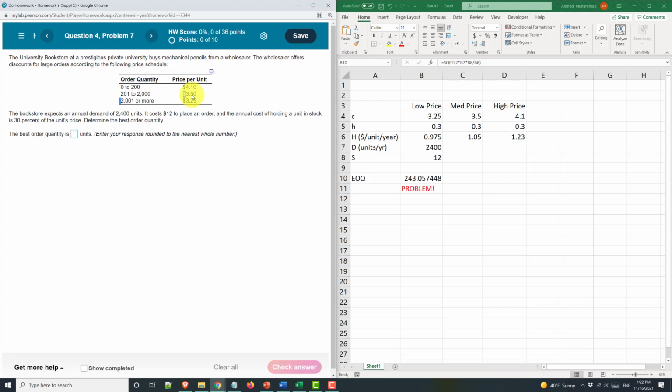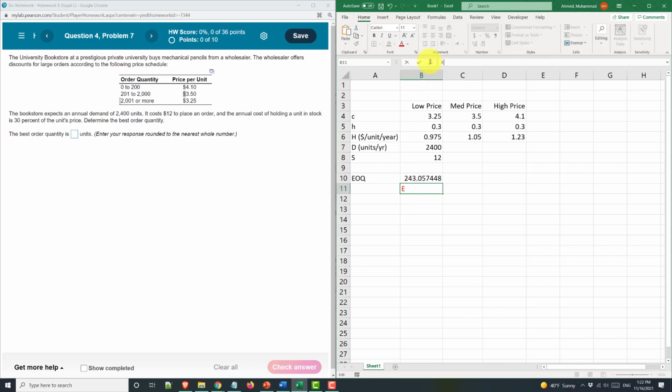The 3.5 contradicts with the 3.25 because we assumed the price was 3.25. But when we call up the wholesaler and say, I want to order 244 pencils or 243 pencils for a price of 3.25, the wholesaler is going to say no. Because that price is only available if you order 2001 or more. So that is called the problem.